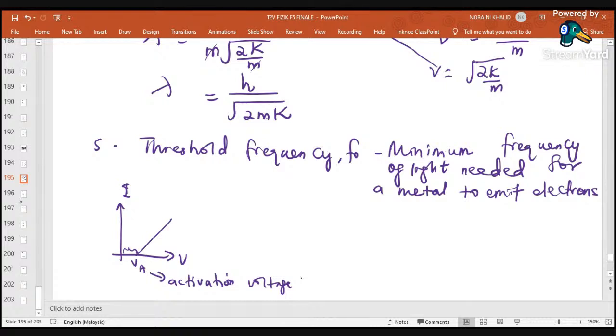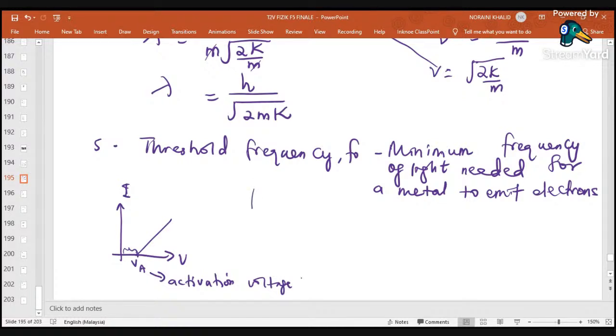Once the photoelectric effect occurs, starting from here, you can see the current start to increase, meaning electrons start to be emitted. This we refer to as the photocell circuit. So the value of voltage required here, we call it activation voltage.